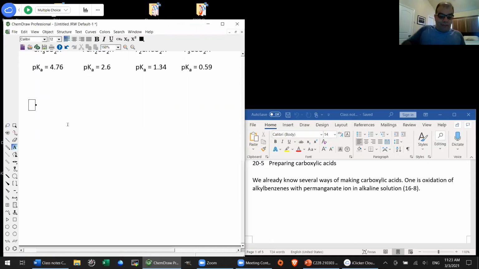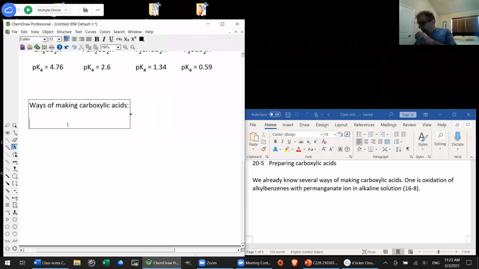So let's do this. Carboxylic acids. One of them is oxidation of alkyl benzenes. Potassium permanganate.